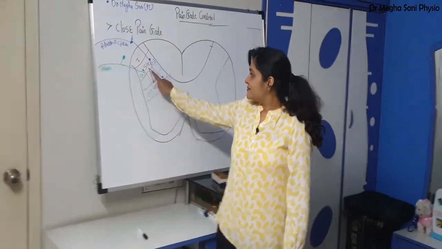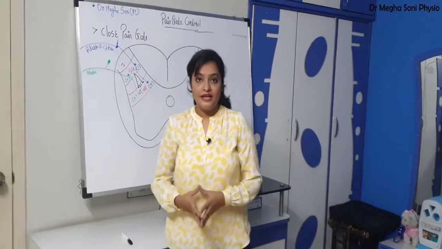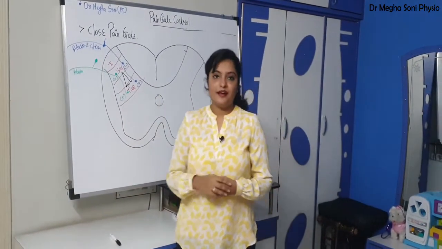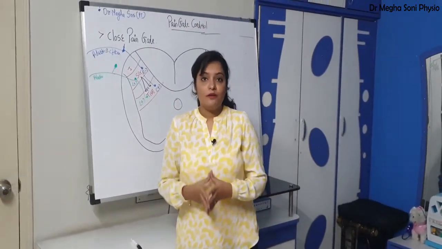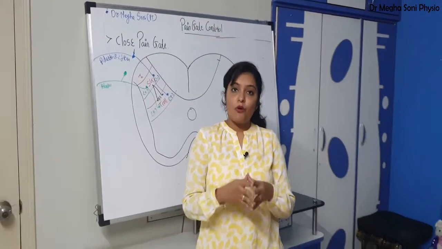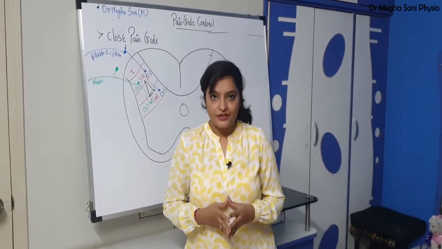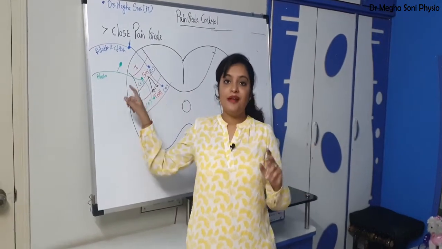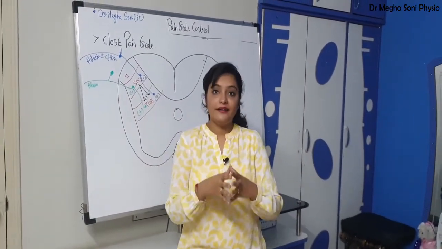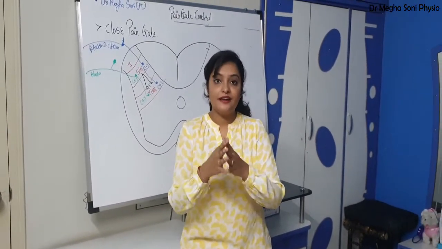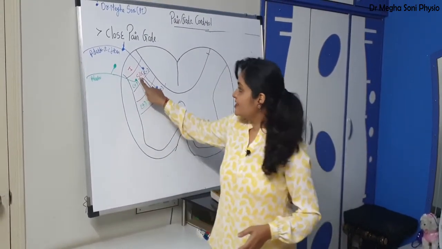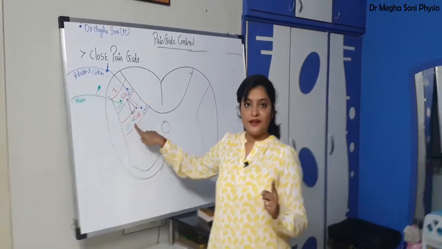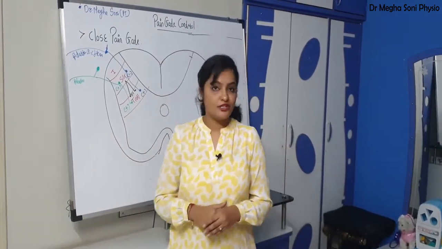Suppose substantia gelatinosa is Bahubali and the T cell is Ballal Dev. Bahubali and Ballal Dev are both guardians of Maheshmati. Let's assume Maheshmati is our brain, so the SG cell is Bahubali, the T cell is Ballal Dev, and our brain is Maheshmati.